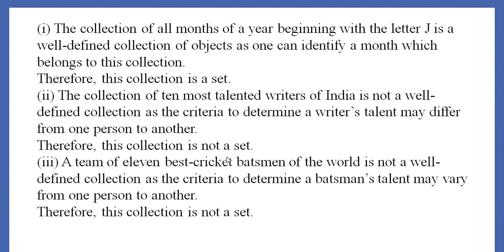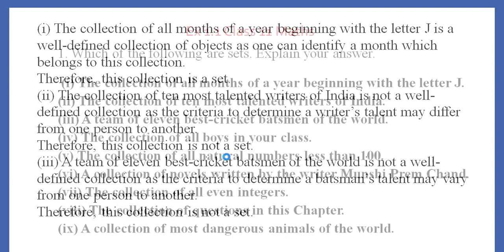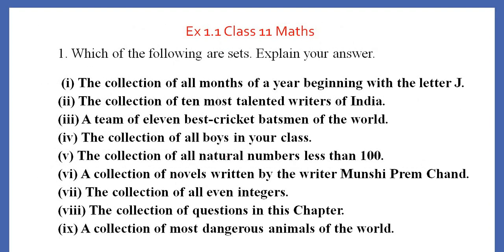January, June, July, right? These months start with the letter J. Therefore, this is a well-defined collection of distinct objects. Therefore, this collection is a set.